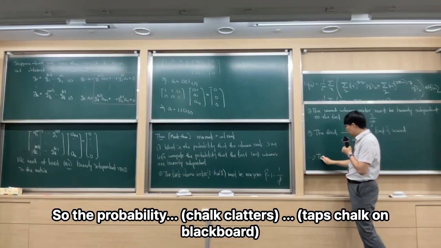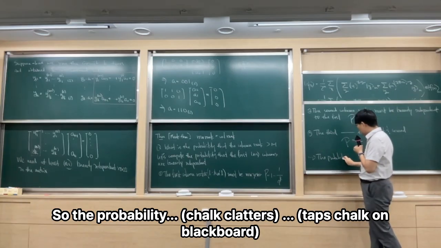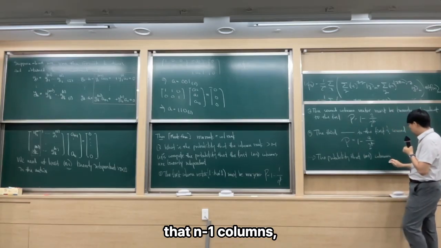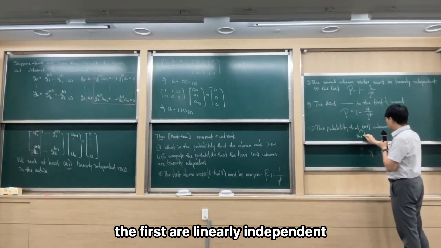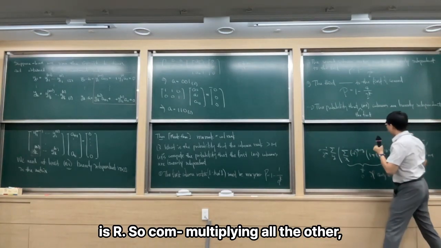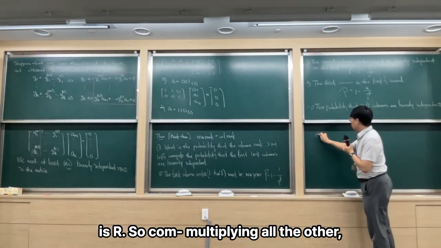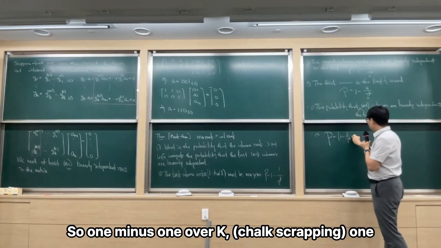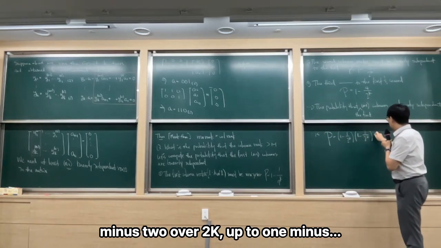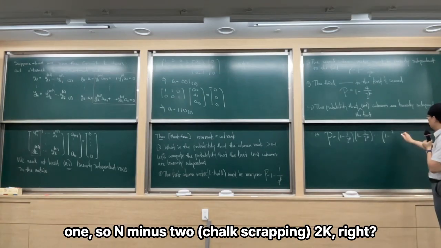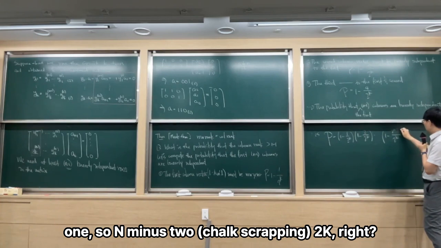So the probability that the first n minus 1 columns are linearly independent is, multiplying everything here, 1 minus 1 over 2^k, 1 minus 2 over 2^k, up to 1 minus n minus 2 over 2^k, right?